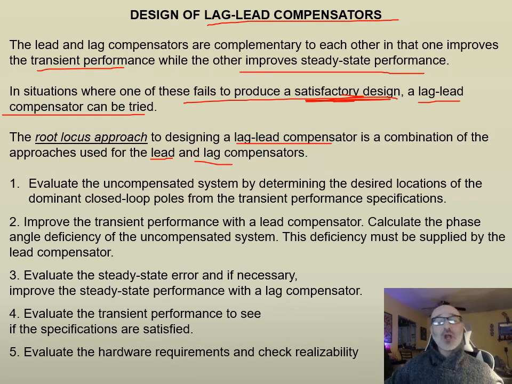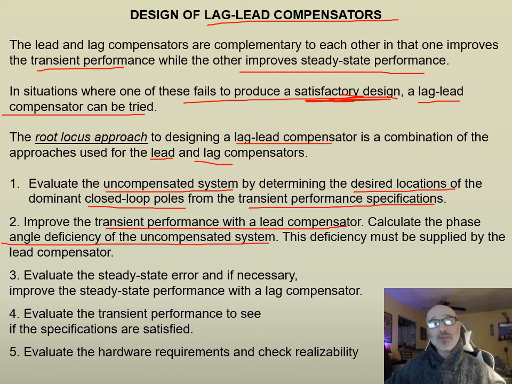So the procedure for a lag lead compensator is: one, we're going to evaluate our uncompensated system and determine the desired locations of the dominant closed loop poles from our transient performance specifications. Then improve the transient performance with the lead compensator: calculate the phase angle deficiency of the uncompensated system.